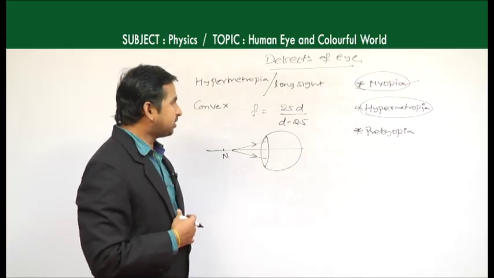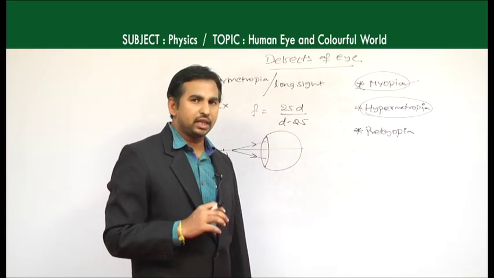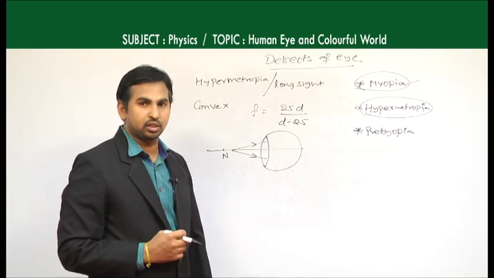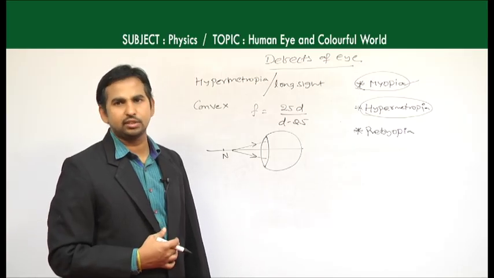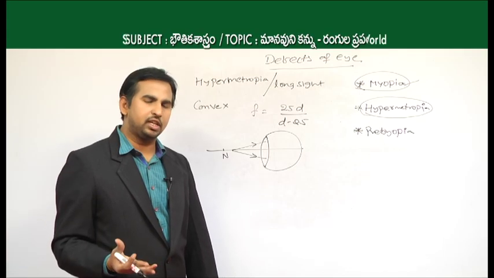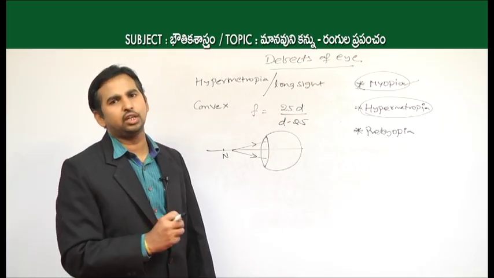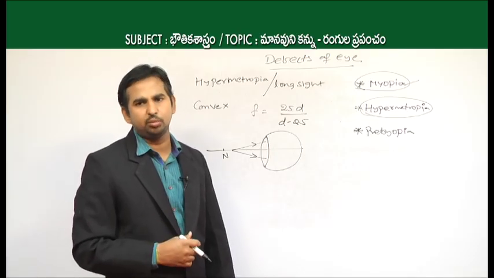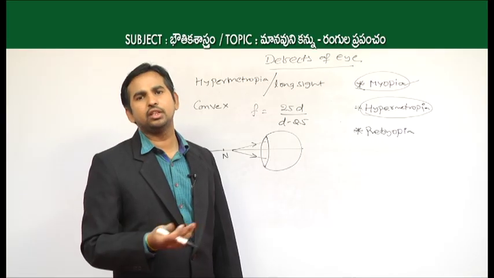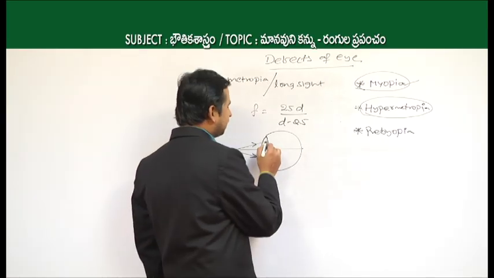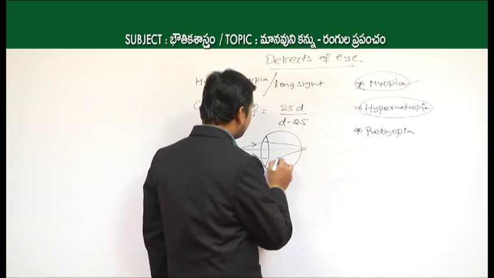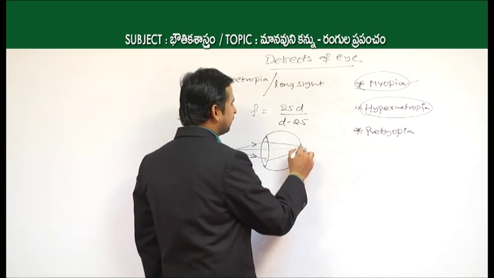Here, as I said, if you are seeing near objects, the focal length of the eye lens has to be less, which is 2.27 centimeters. But the problem with the ciliary muscles is that they do not contract up to that 2.27 centimeters. So the light rays meet after refraction beyond the retina.